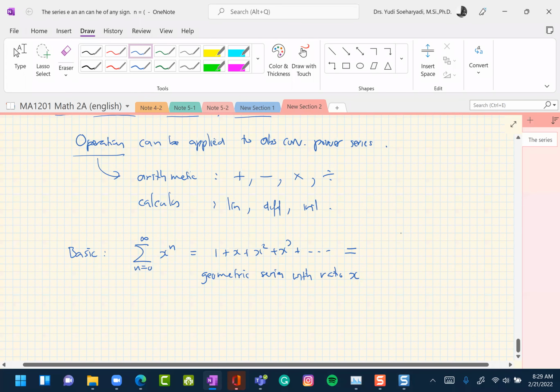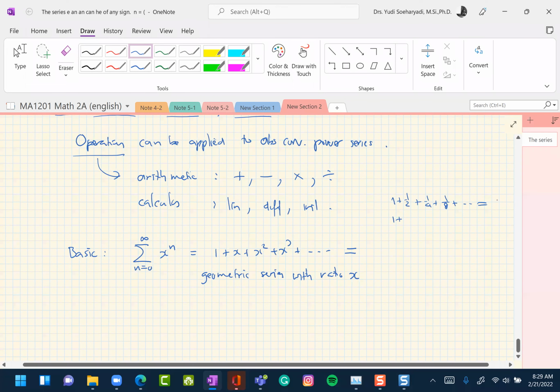Anyone? For example, 1 plus 1/2, 1/4, 1/8. What's the limit for this one? So is it the S formula or is it not that one?